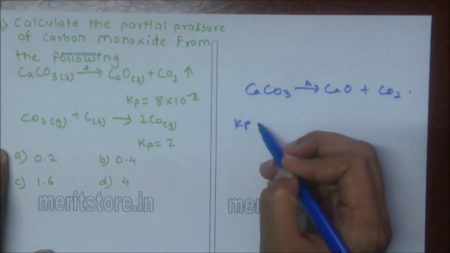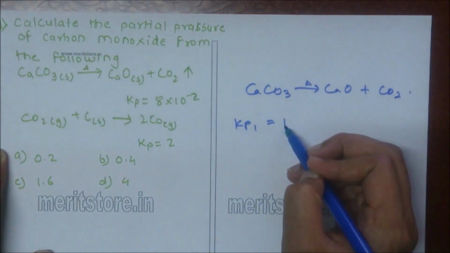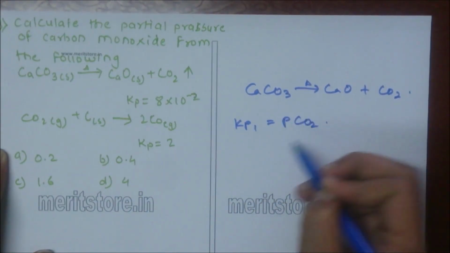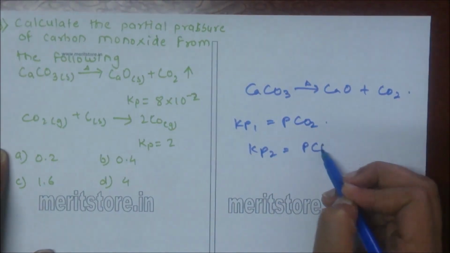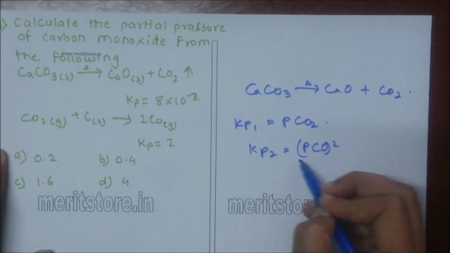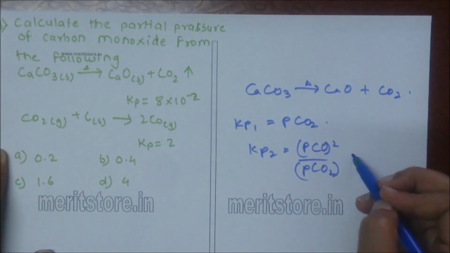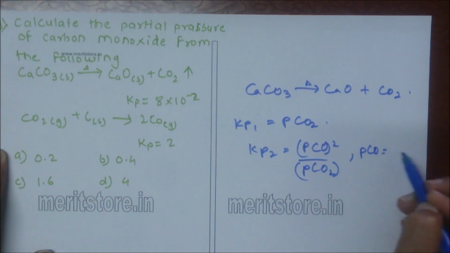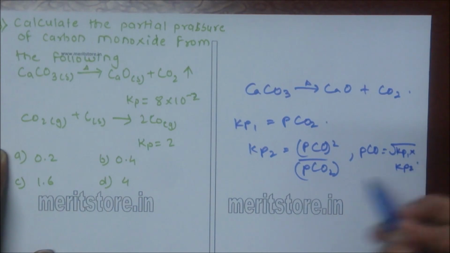So Kp1 is equal to the partial pressure of carbon dioxide, and Kp2 from the next equation is PCO the whole square upon the partial pressure of carbon dioxide. So PCO is root of Kp1 into Kp2.